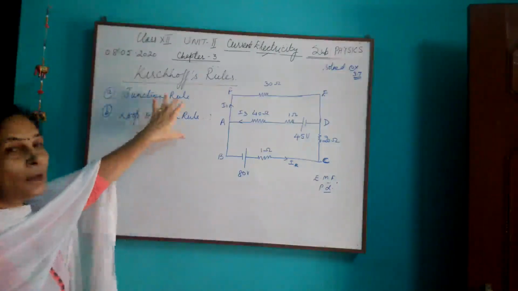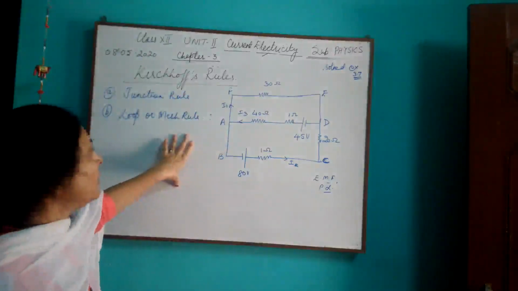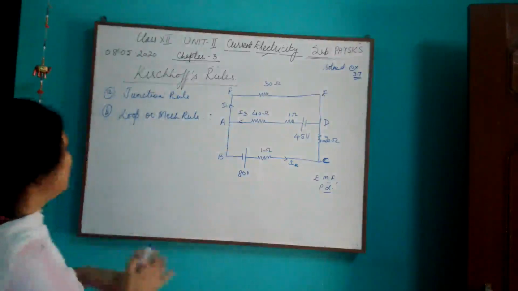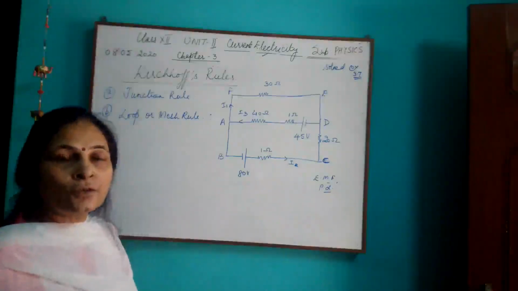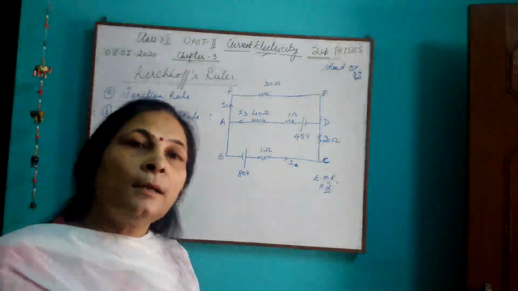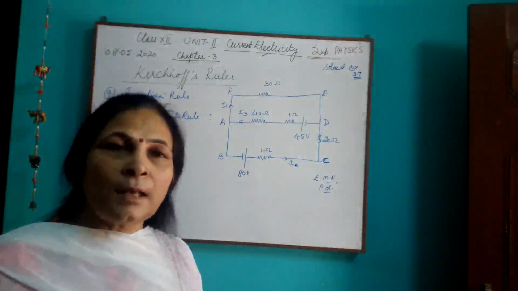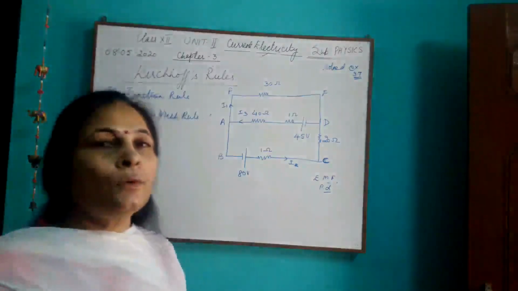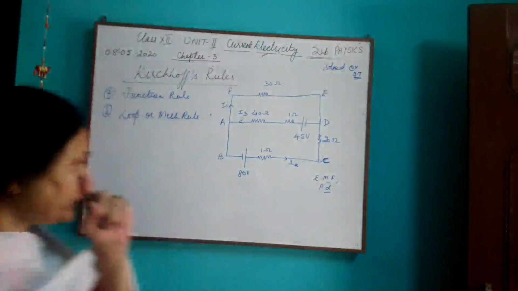So at the junction of any electrical circuit, the current entering the junction is equal to the current leaving the junction.